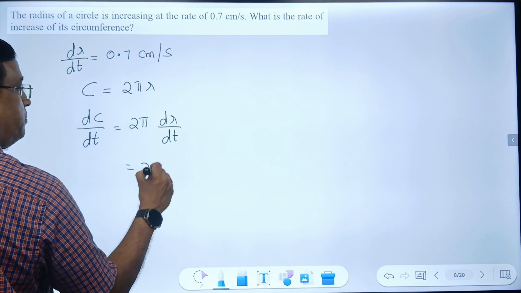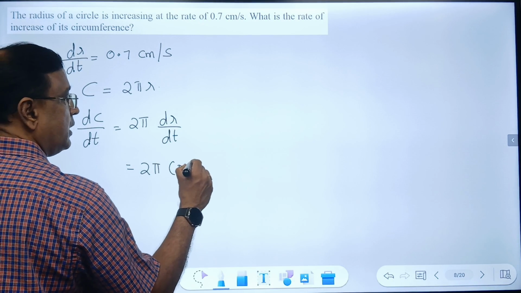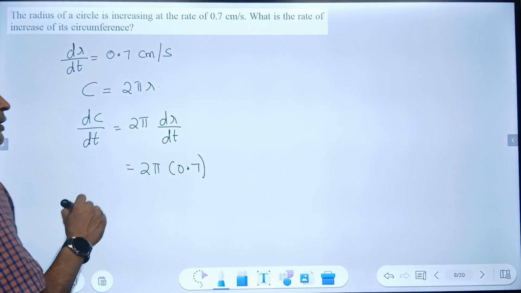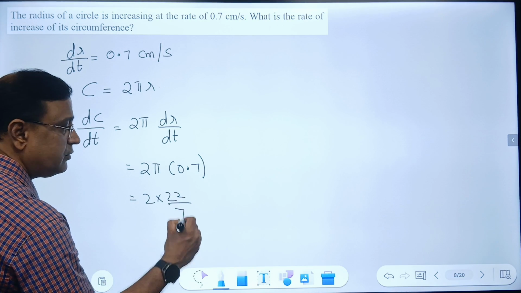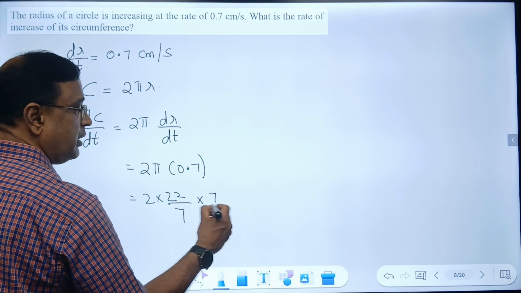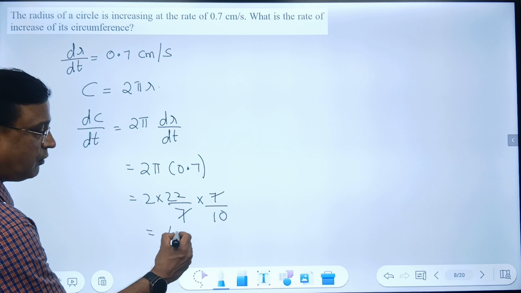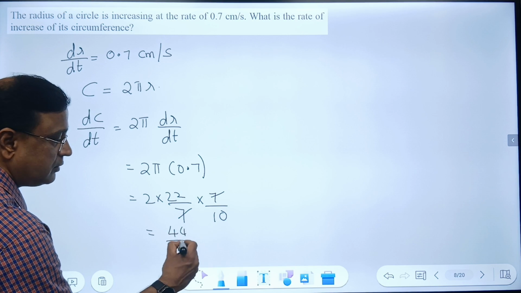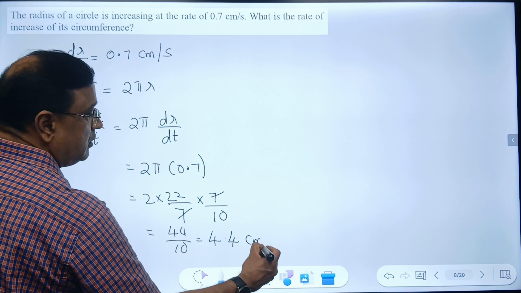So it is 2 pi, r is 0.7. Okay. So here I will write pi as 22 by 7 because this is a multiple of 7. So it's easy to cancel. And this is 7 by 10. 7 gets cancelled. So you get 44 by 10. So the calculation is 4.4 centimeter per second.